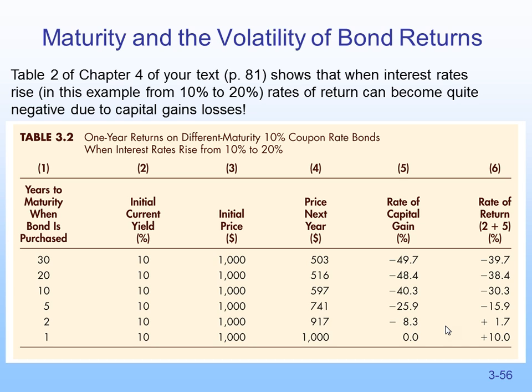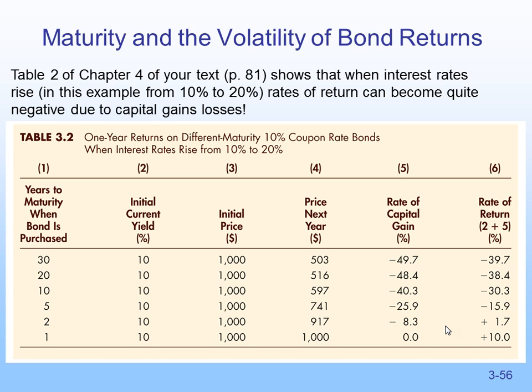For bonds that have a maturity longer than 1 year, the doubling of the interest rates reduces the price, and by more and more. The longer the maturity, the greater the price change, and therefore the more the rate of return changes with the change of interest rates, right?